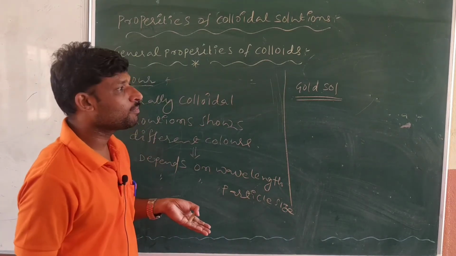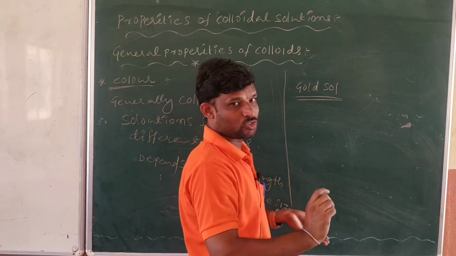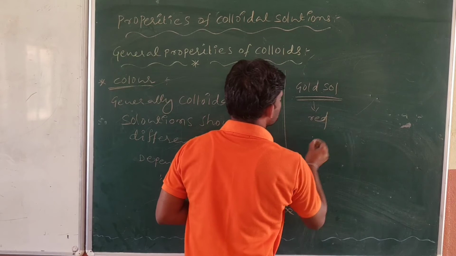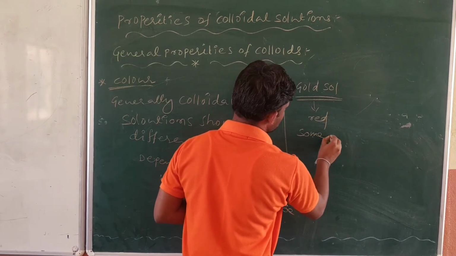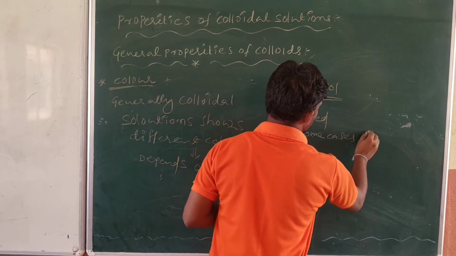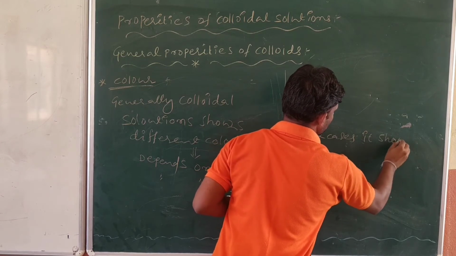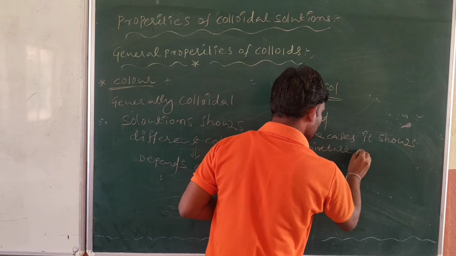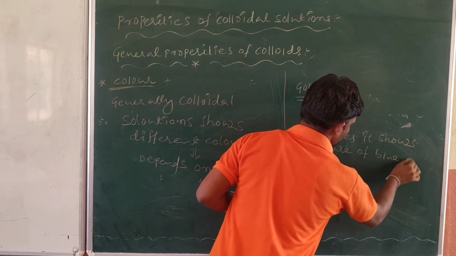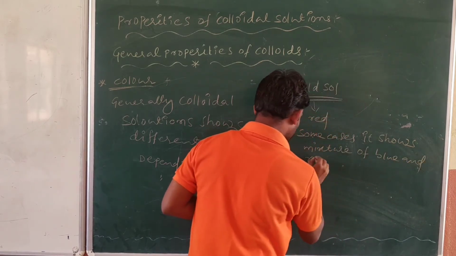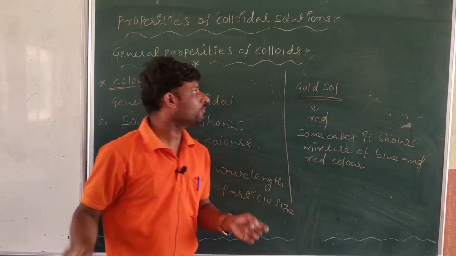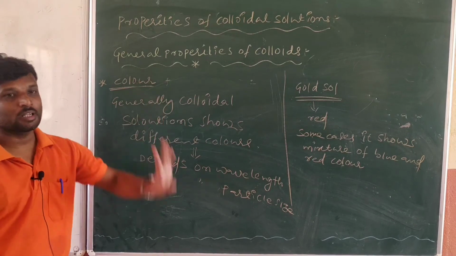Because that depends on the particle size. Generally it is red, but in some cases it shows a mixture of blue and red color. This is a very important thing. These are the general properties.